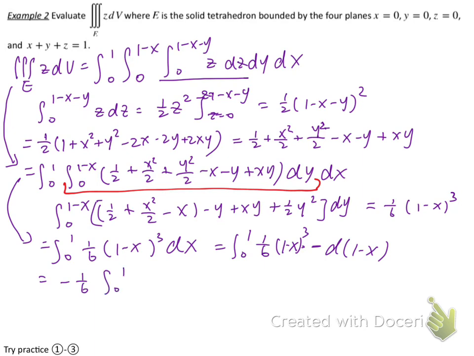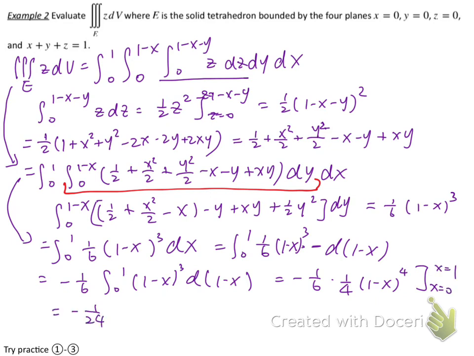From 0 to 1, 1 minus x to the third power d1 minus x. And this will be negative 1/6 times a fourth 1 minus x to the fourth power, x from 0 to 1.